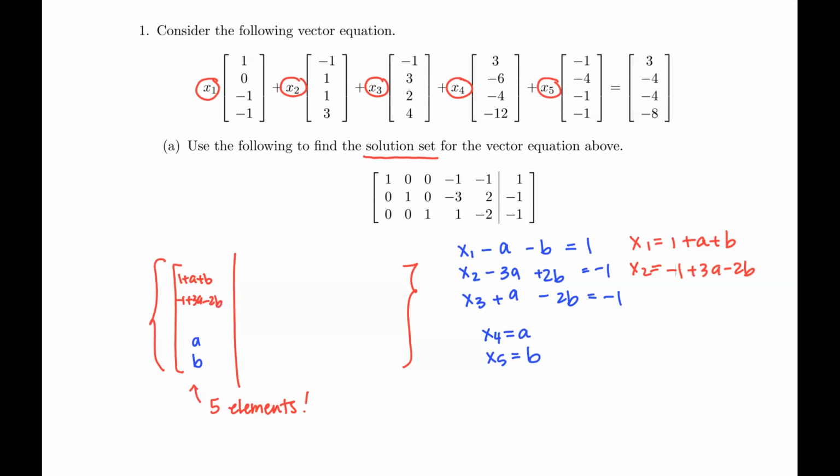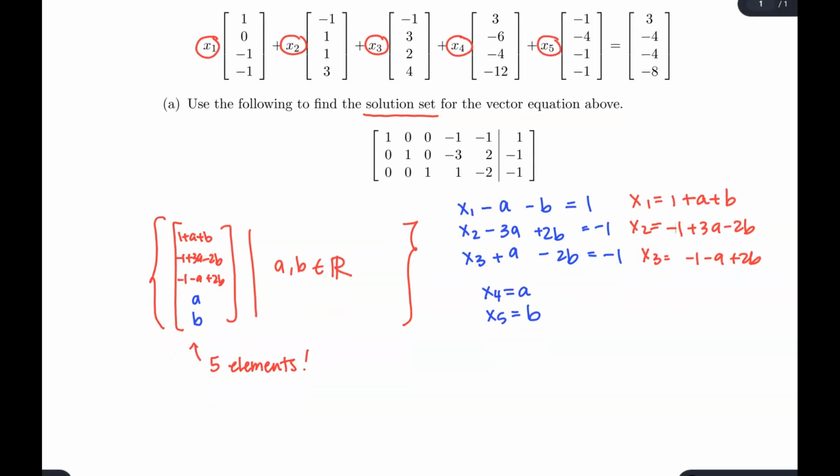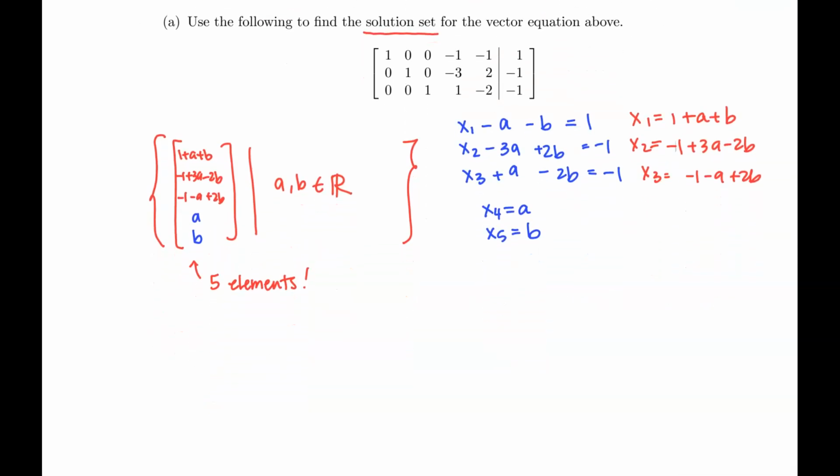And x3 is equal to negative 1 minus A plus 2B. All right, and then we do need to say that A and B can be any real numbers, and then we are done. We've found now that we can write this a number of ways.